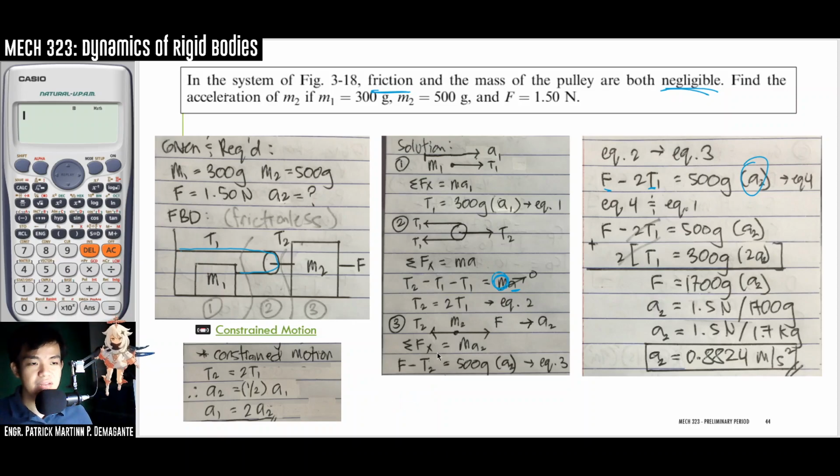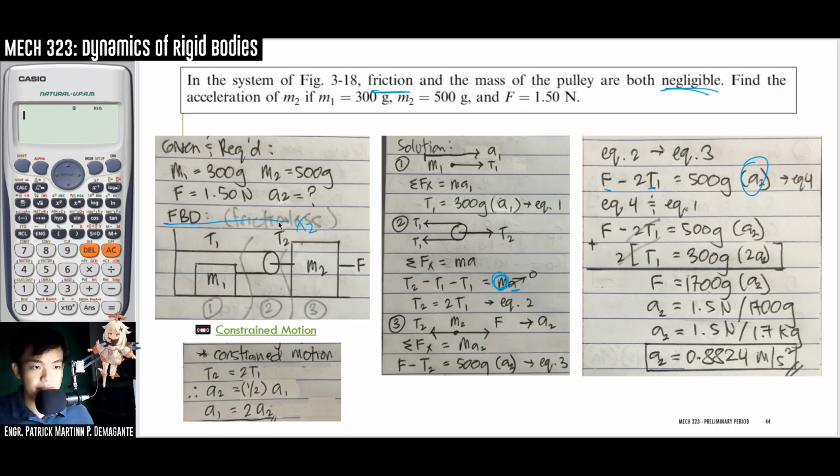So, paano natin malalaman yung relationship ng ating acceleration? Pwede tayong mga distance na matatravel. So, this is ating x2.